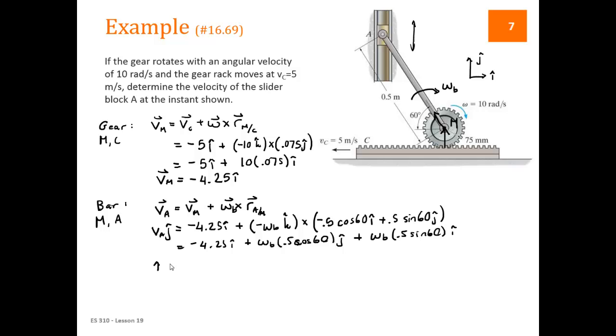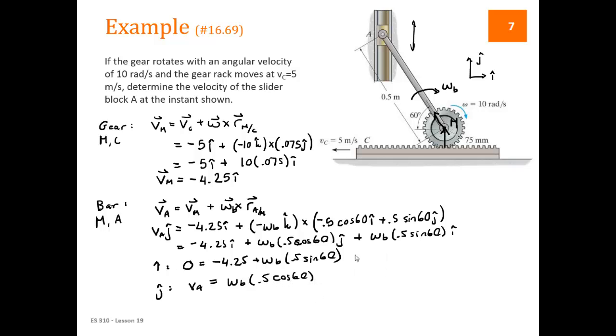In the i hat direction, we have 0 is equal to negative 4.25 plus omega B times 0.5 sine 60. That's just pulling all the i hat parts. J hat part, we have VA is equal to omega B times 0.5 cosine 60.